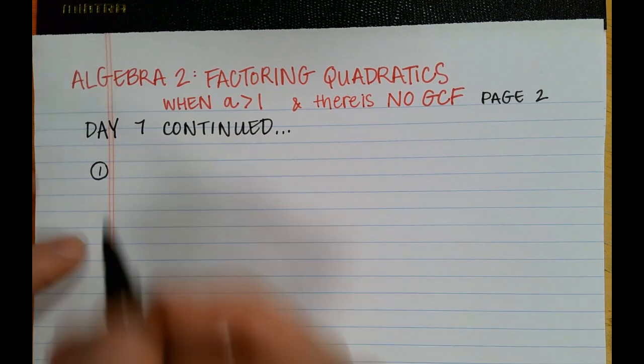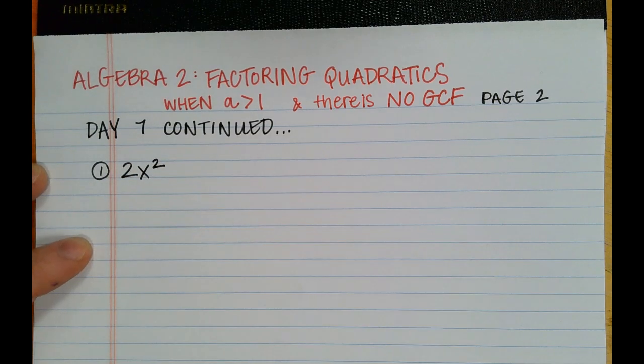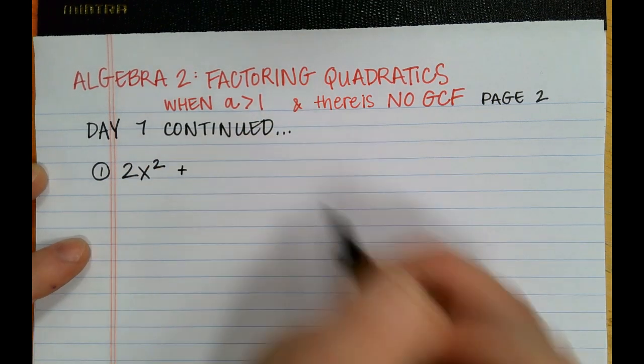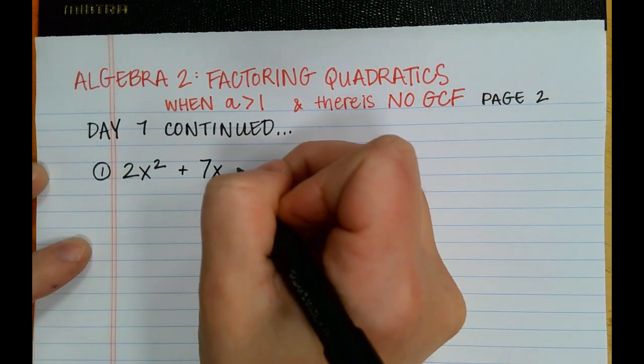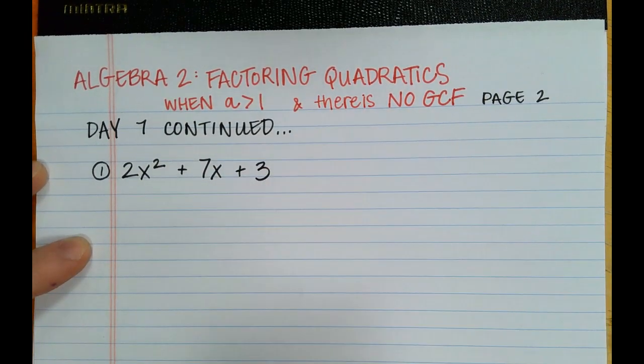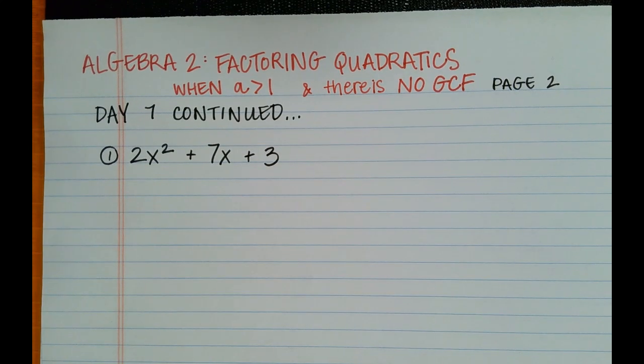Let's do 2x squared plus 7x plus 3. And I want us to go very slowly. I want us to take our time and understand every little step, understand why we're writing anything on our paper.